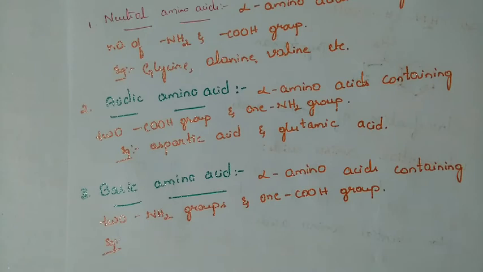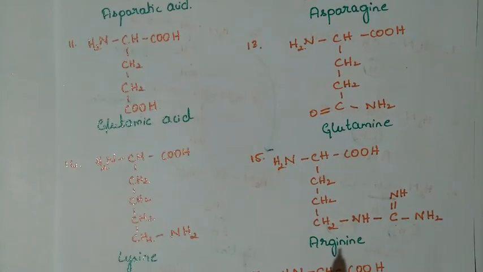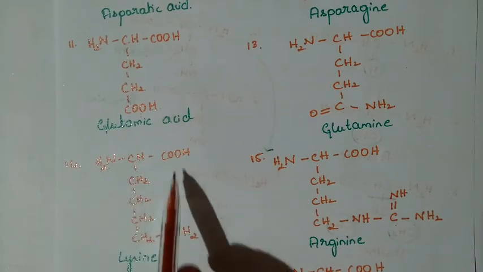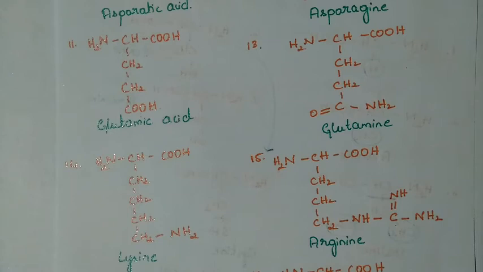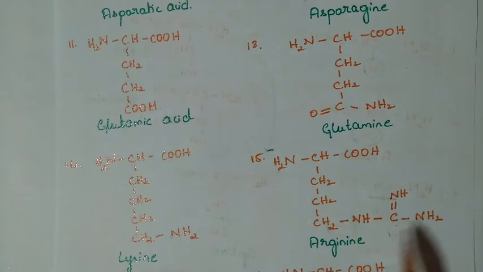That is lysine. You can observe 2 NH2 groups and 1 COOH group. So lysine is one example. Likewise arginine, where 2 NH2 groups are there and 1 COOH group. It is also an example for basic amino acid. Likewise, we have one more example, that is histidine.